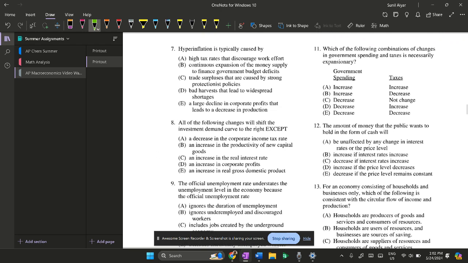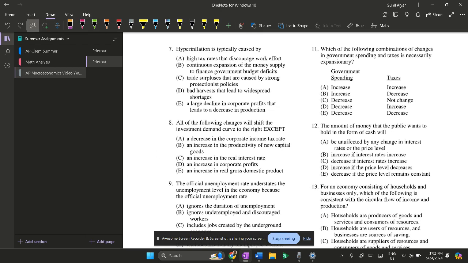So that's number 6. Number 7: hyperinflation is typically caused by what? High tax rates that discourage work effort. This would not be hyperinflation. Continuous expansion of the money supply. Yep.